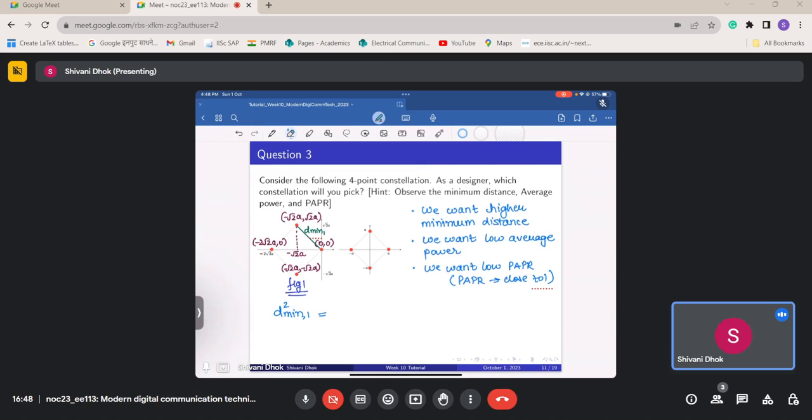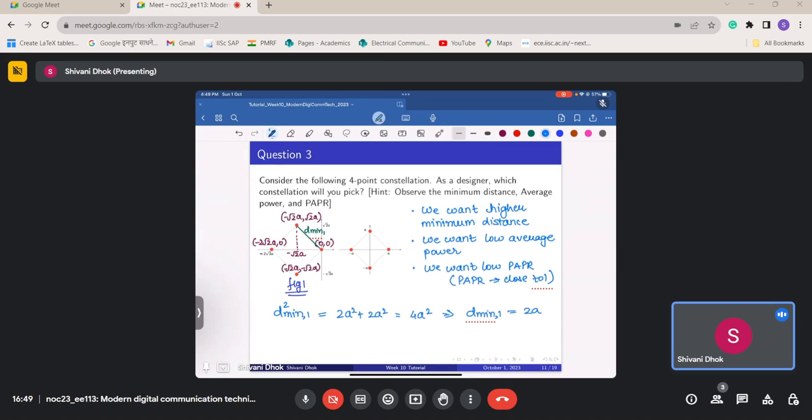So this d min square is equal to 2a square plus 2a square, which is 4a square, which means that d min 1 is 2a.